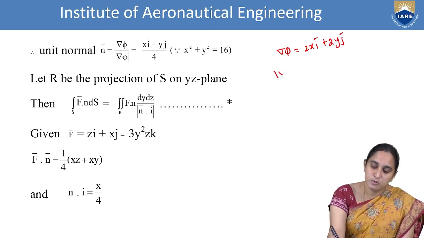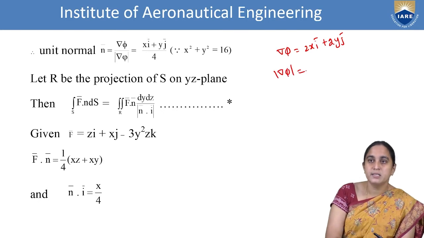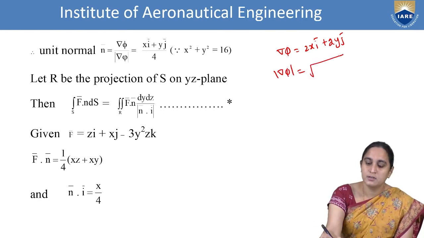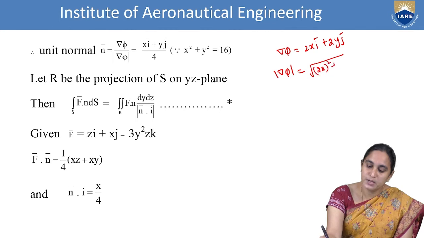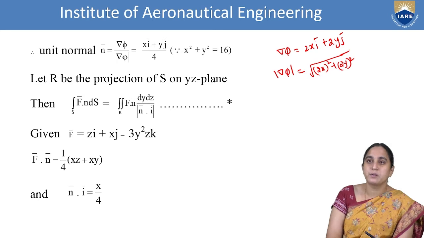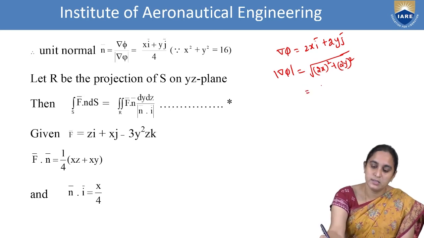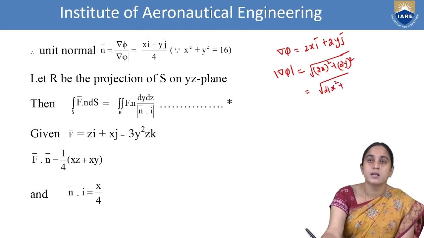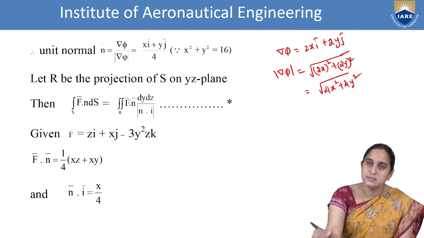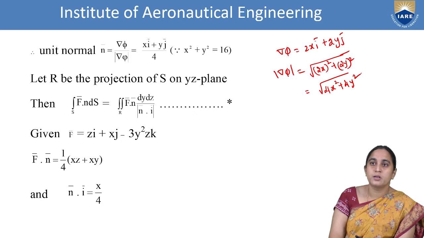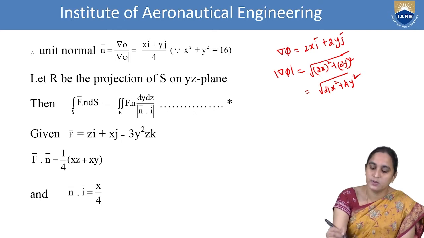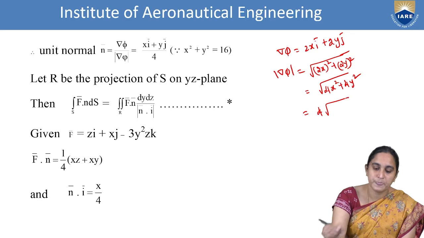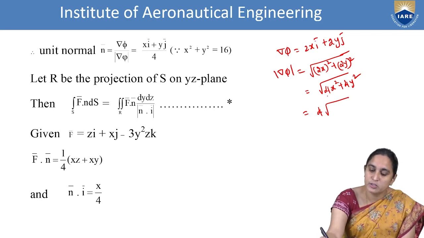Now, what about modulus of del pi? That is equal to square root of 2x whole square plus 2y whole square. Root of 4x square plus 4y square. Here what is common? 4, right?